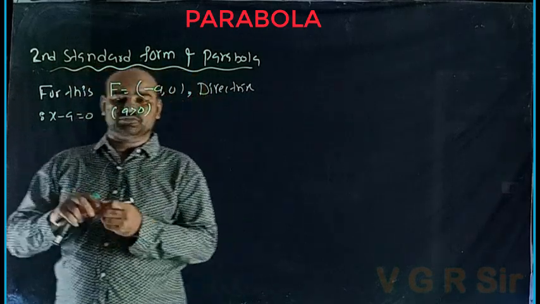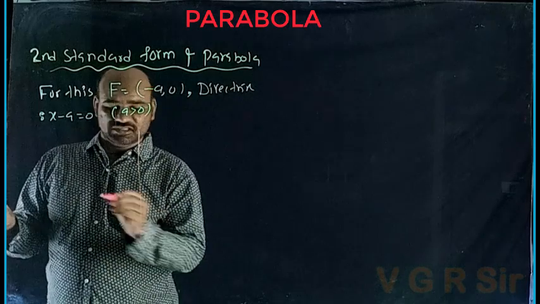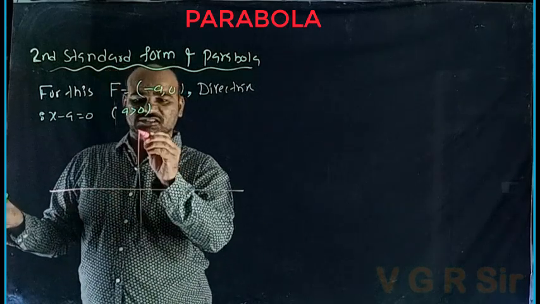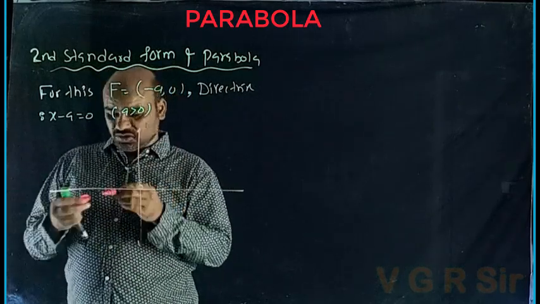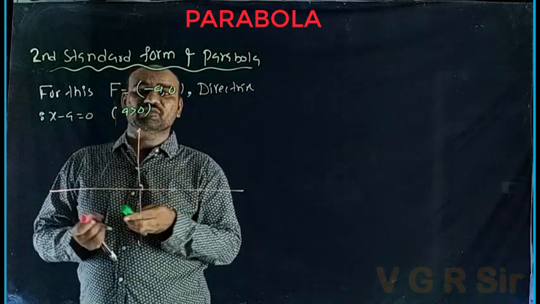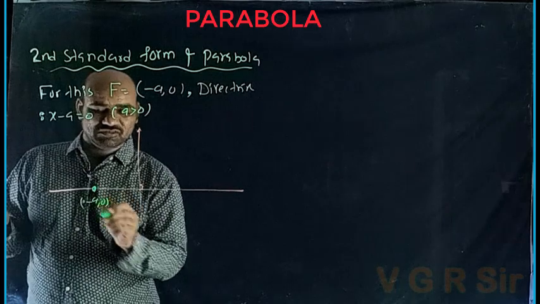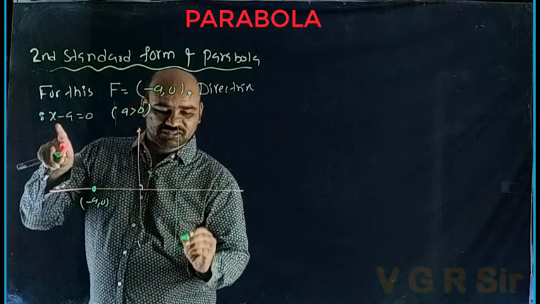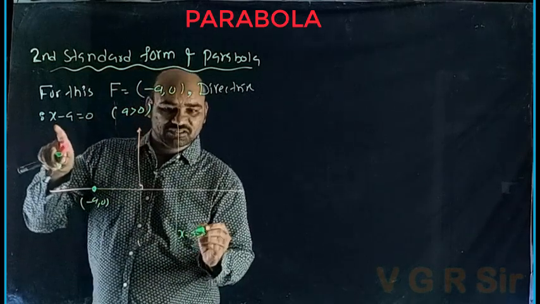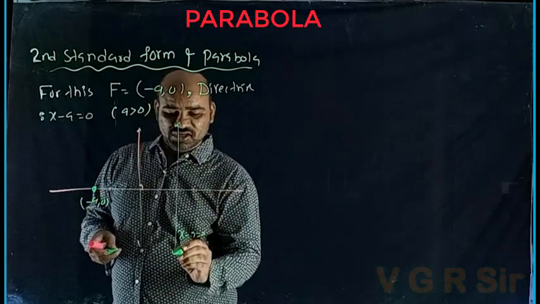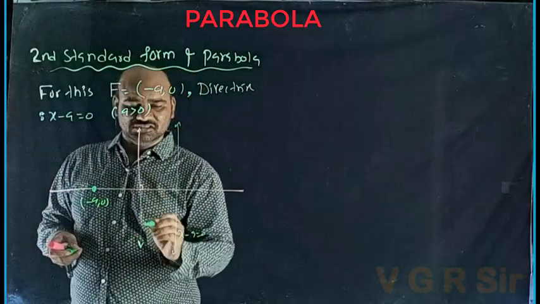Okay. This is the y-axis, this is the x-axis. According to the information, the focus is here, minus a comma 0. This is the directrix. X minus a equal to 0 means a straight line parallel to the y-axis and a units from the y-axis, on the right hand side of the y-axis.